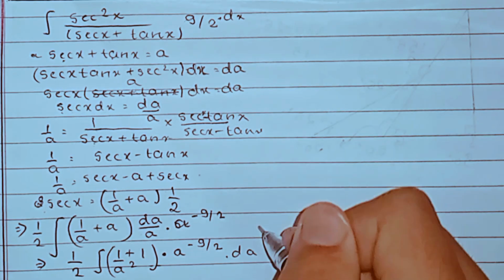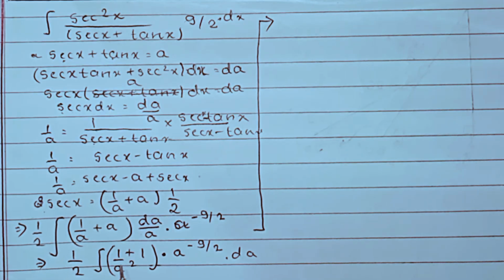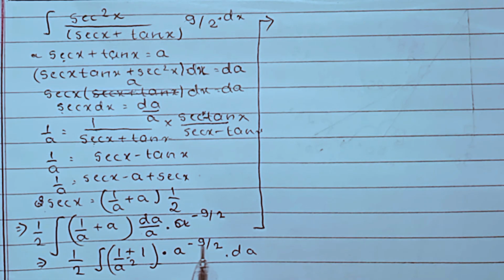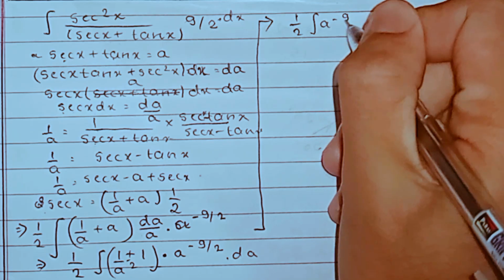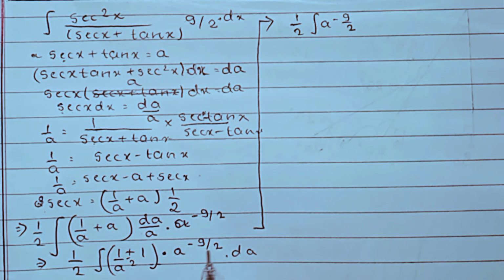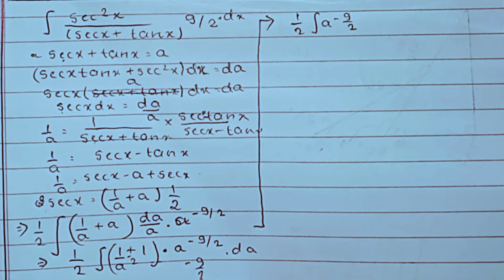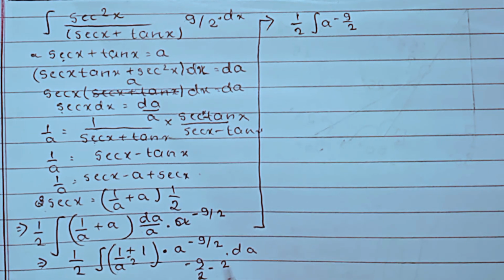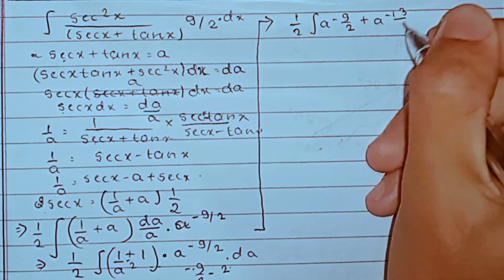When we multiply 1 into A to the power minus 9 by 2, we will get A to the power minus 9 by 2, and if we multiply 1 by A square with minus 9 by 2, we will just subtract the exponent, which is minus 9 by 2 minus 2, that is minus 13 by 2, plus A to the power minus 13 by 2.